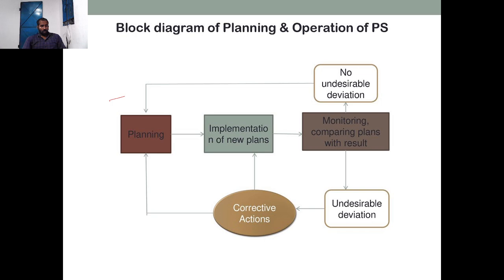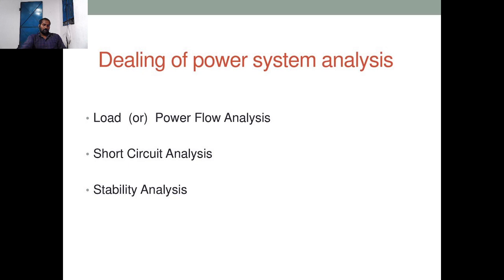If no deviation occurs, it will directly feed back to the planning, right? If any deviation occurs, you have to give corrective actions, which you will give to the planning and the implementation of the new plan unit, right?